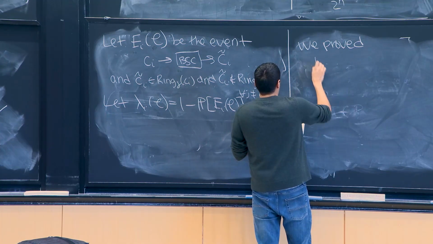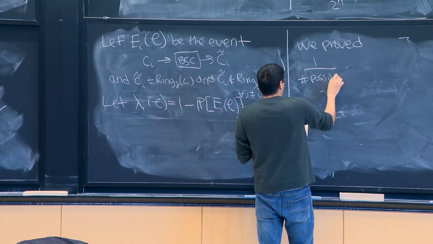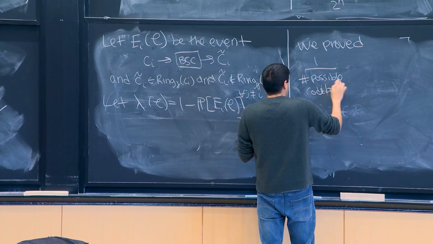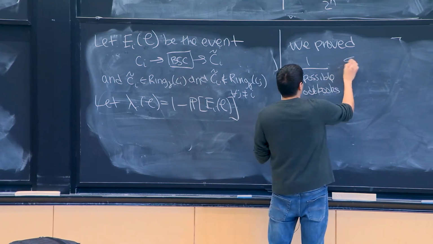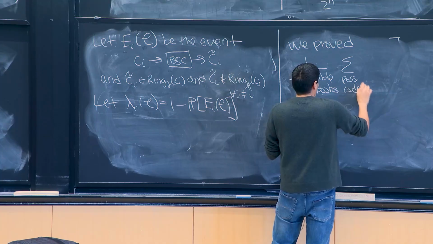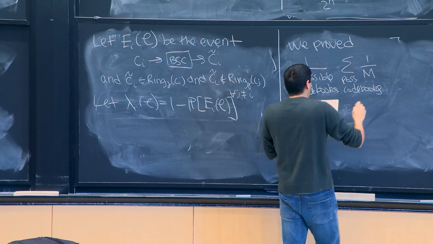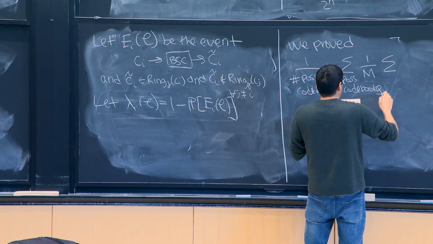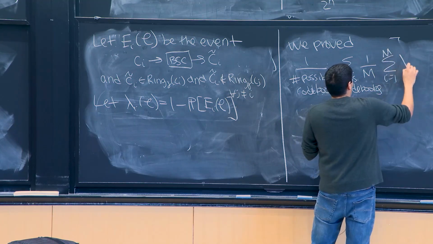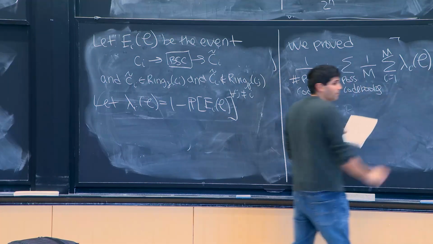We proved that the average over all of the possible codebooks, because we're choosing these codebooks uniformly at random, the average over all of the messages that we want to send of having a decoding failure is small.